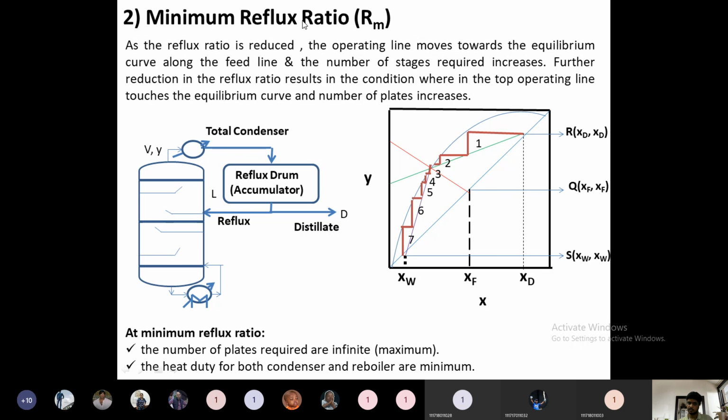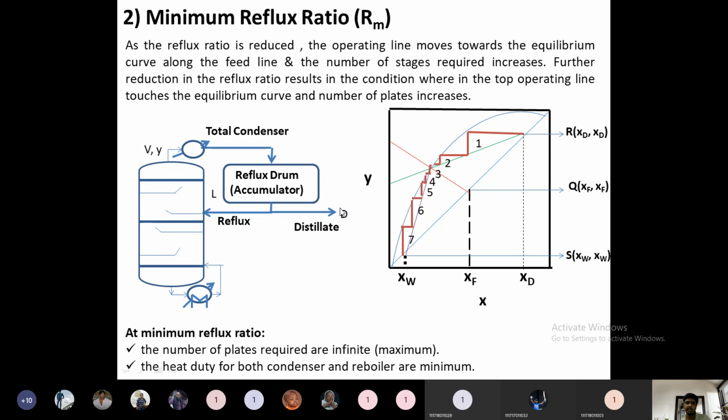Then the minimum reflux ratio. If you see, some feed will be fed down, feed is continuous, and after feeding, some part of the liquid will be recycled and a very minute part will be collected as distillate. Gradually we will increase our reflux ratio until it reaches total reflux ratio, from the minimum, which is 0, up to the maximum, R infinity.